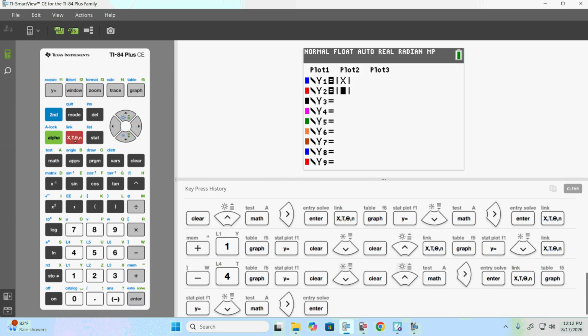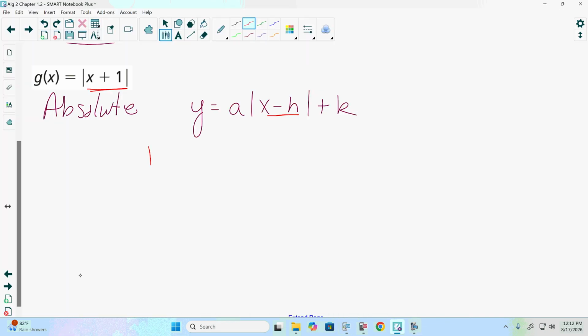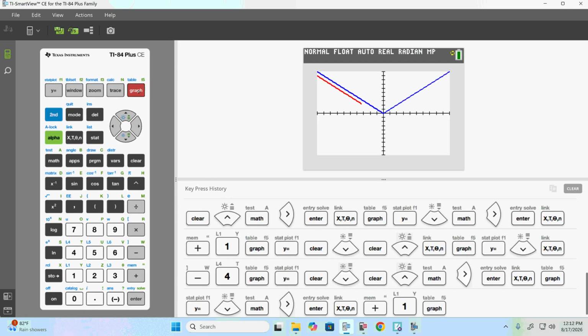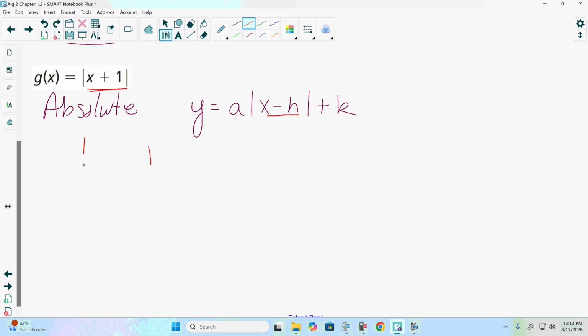Math, absolute value, we have x plus 1. As we can see here, x plus 1, so we should be moving where? 1 unit to the left or to the right? Right, yes. And as we see the graph, it does indeed move it 1 unit to the left. Yes? That seems opposite of what we think, because it is left 1.